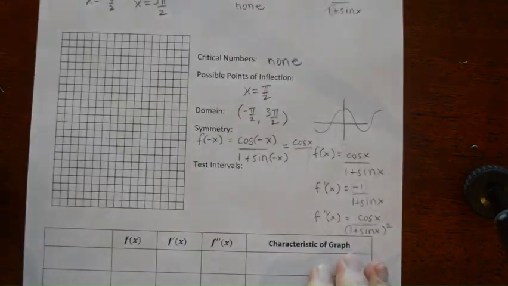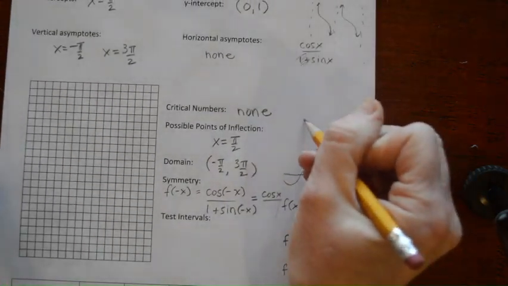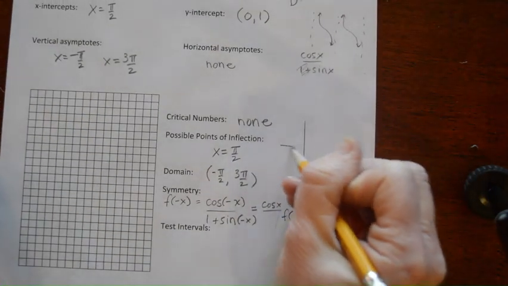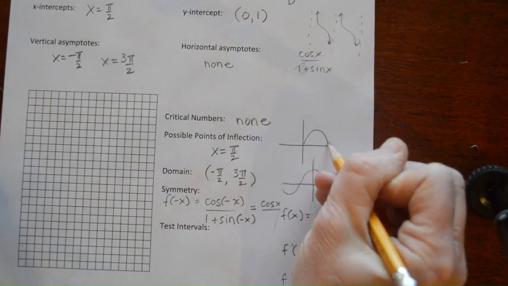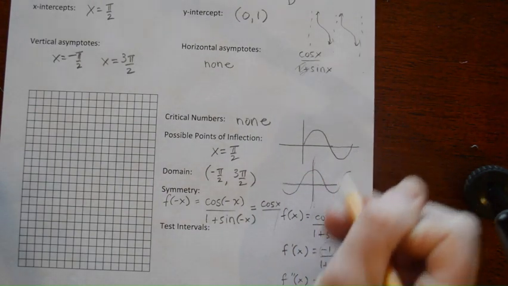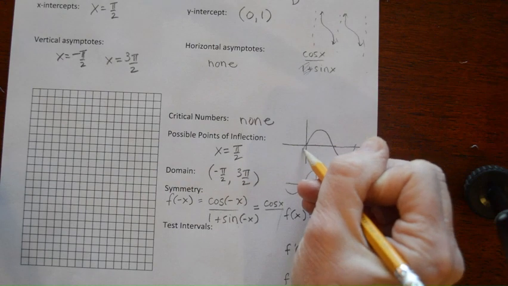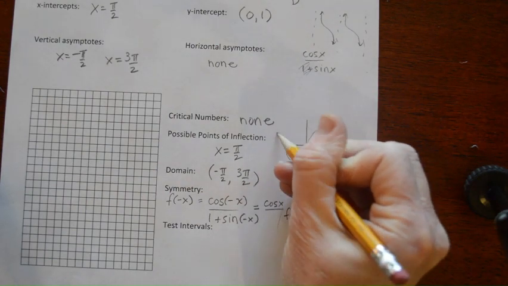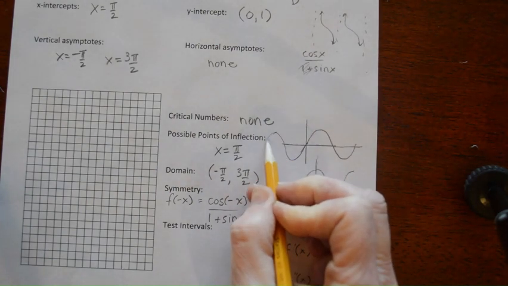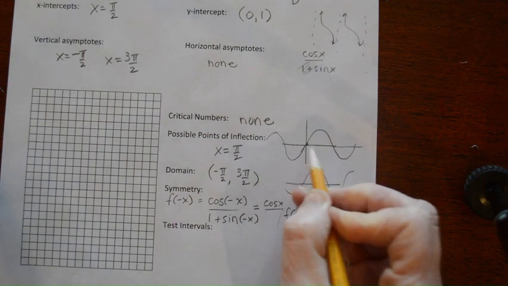Sine is not even. It has origin symmetry. Again, let's just sketch that so you can remember that. Here's what it looks like on the right side of the y-axis. On the left side of the y-axis, it looks like this. Notice it has origin symmetry.